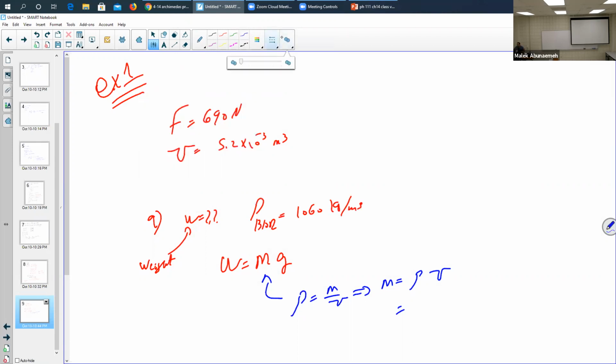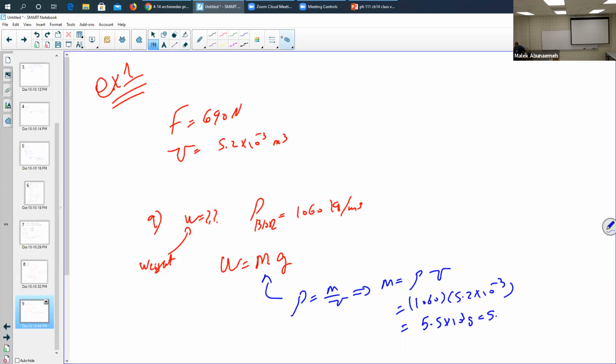That means our mass is going to equal 1060 multiplied by 5.2 times 10 to the negative 3. Let me plug that in. What you get is almost 5.5 times 10 to the 3 grams.